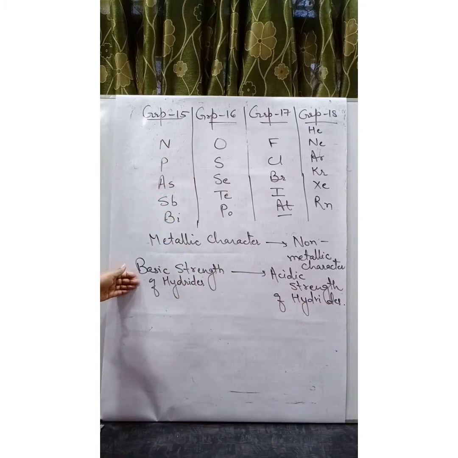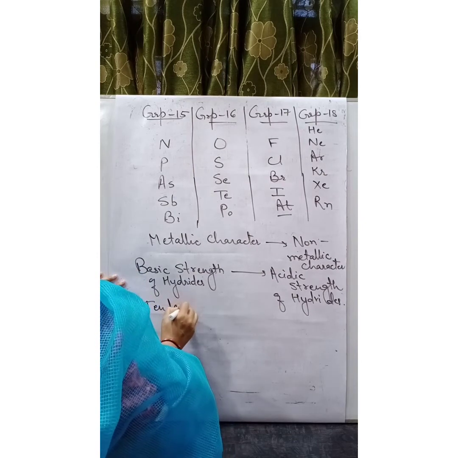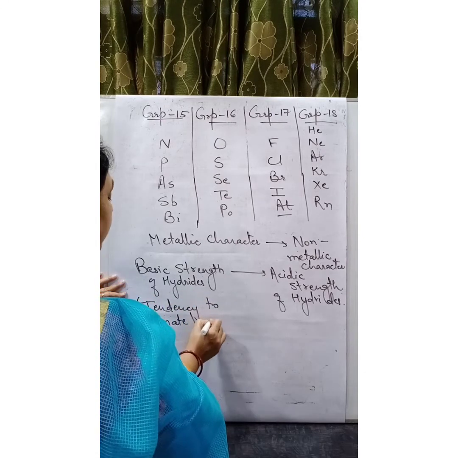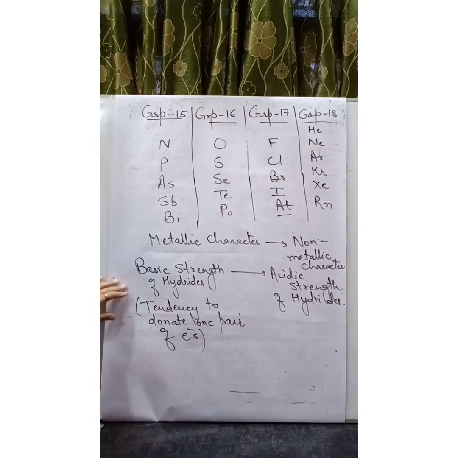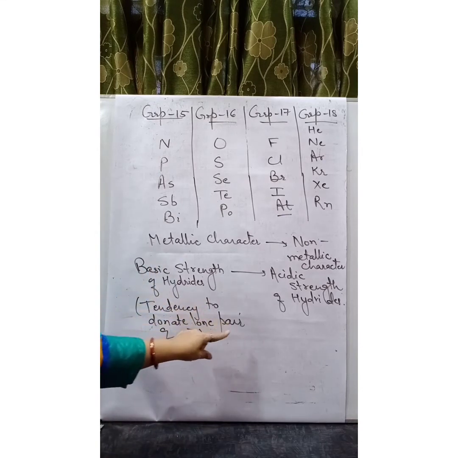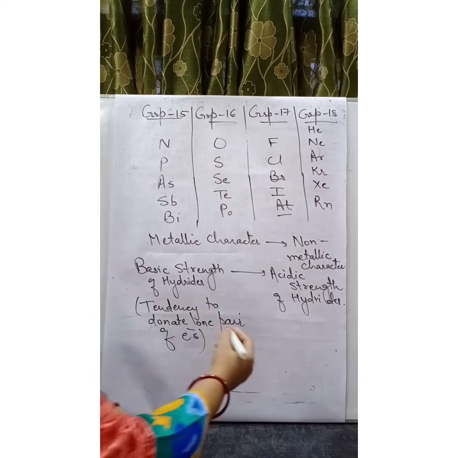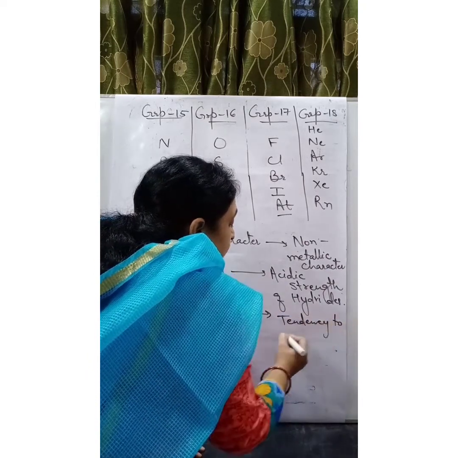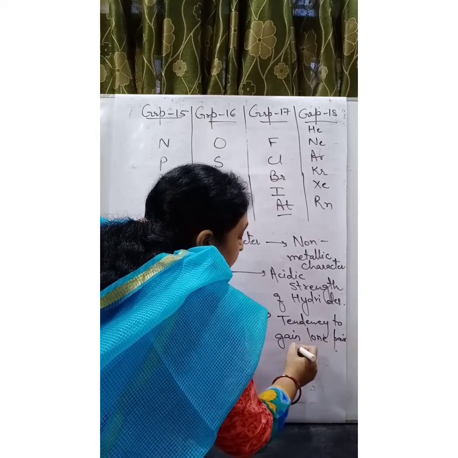Let us see how. Bases mean those substances which have the tendency to donate a lone pair of electrons, and acid strength means the tendency to gain a lone pair of electrons.